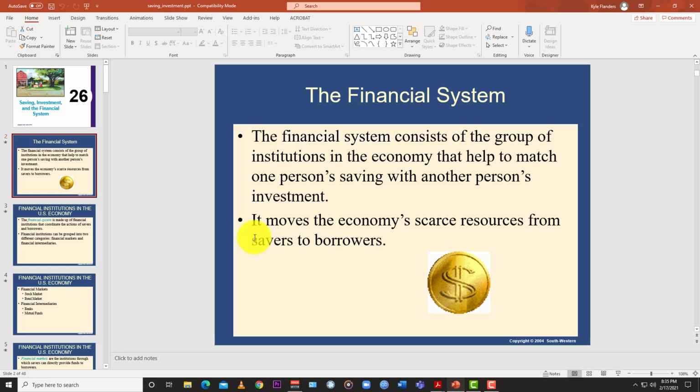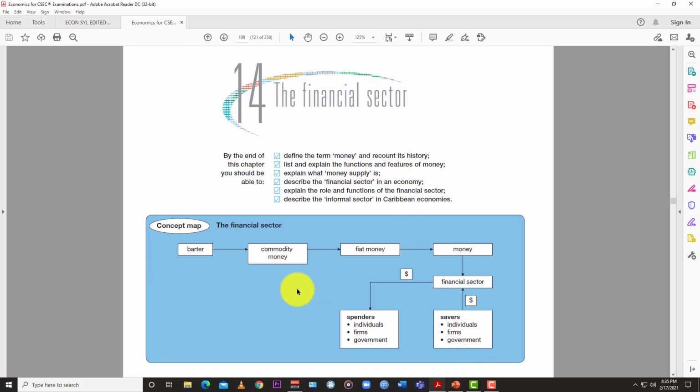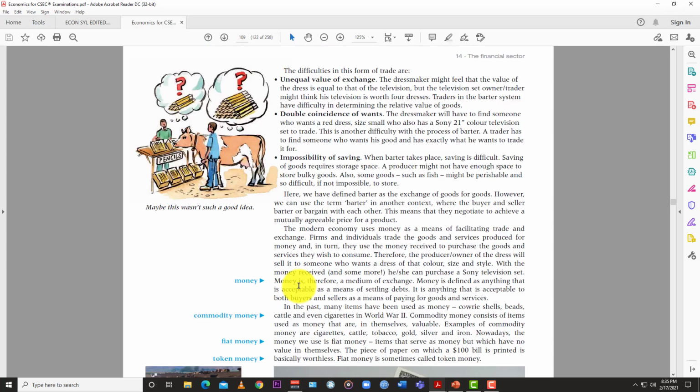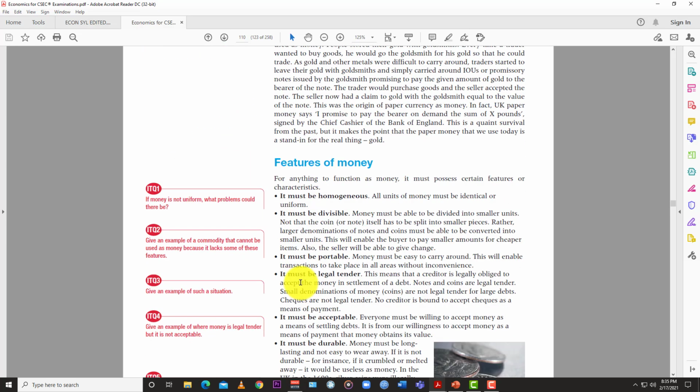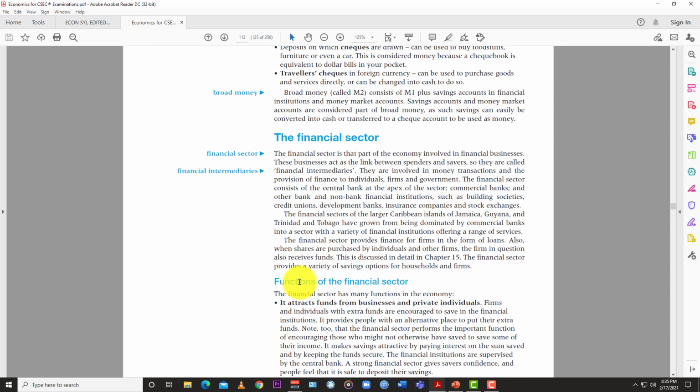And so the financial sector or the financial system allows for this saving and borrowing. And the system, just like any economy, is made up of multiple players. Those players include the government, the private sector, the public sector. So everybody in the economy would also be a part of the financial system. The textbook starts out with money, so we have to scroll all the way down and then go back up to understand what the financial sector is.